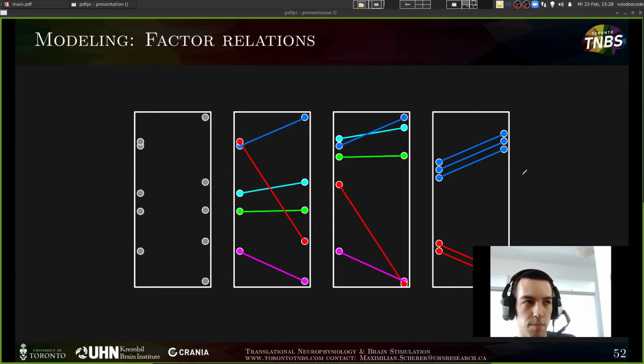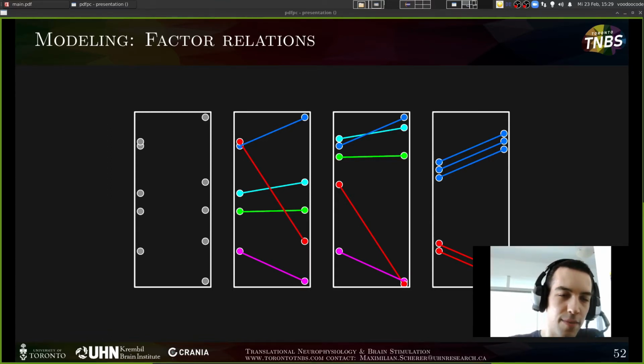And another thing which should be mentioned at this point is, if you want to investigate the difference between pre and post, as you can see here, the gradient points in different directions, whereas for the blue group it goes up, for the red group it goes down. And if you want to investigate whether there's a difference between the red and the blue in relation to pre and post, you would have to look into the interaction between two effects.